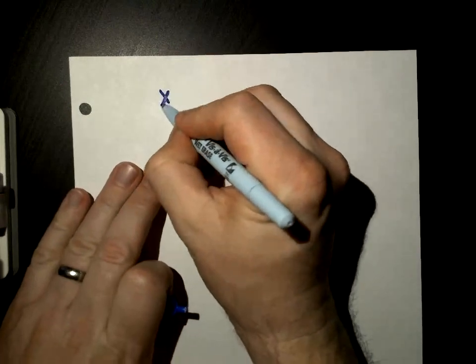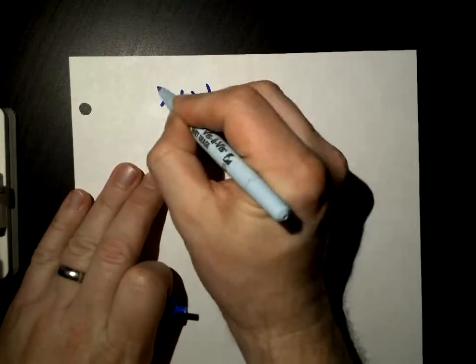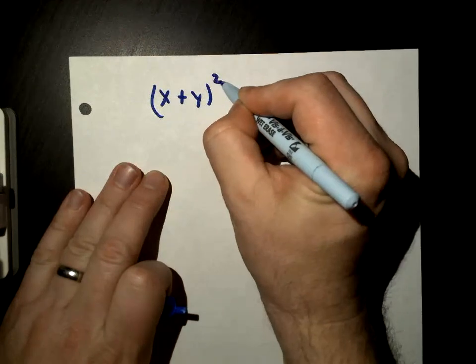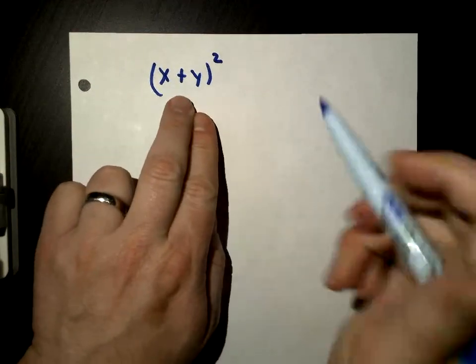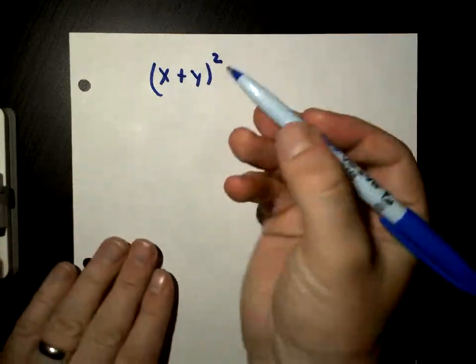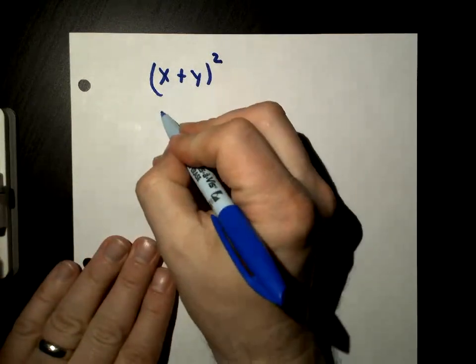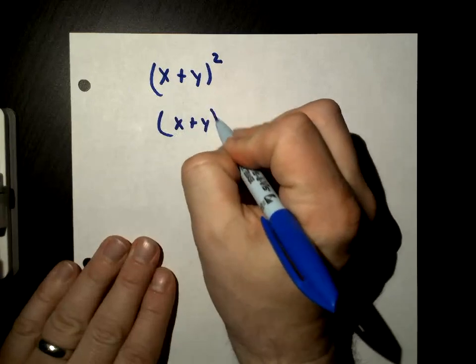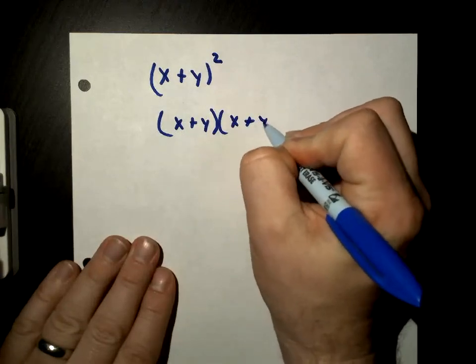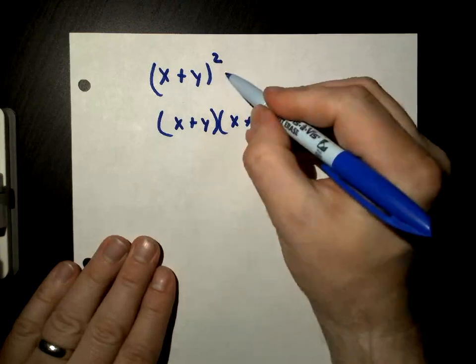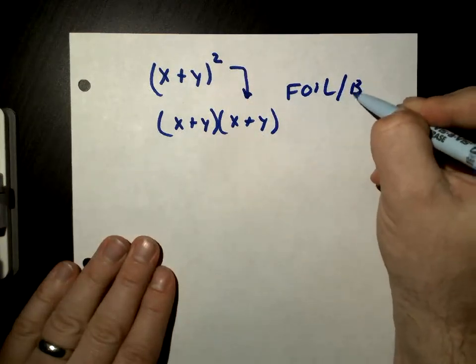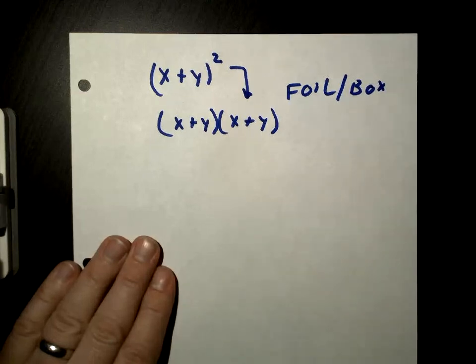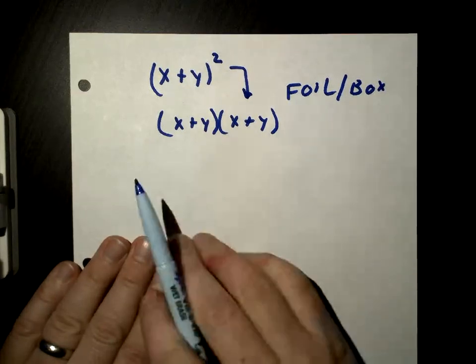So remember that you have this binomial expansion. For example, let's start with something to the second power. If we want to expand this, the old-fashioned way is to write it twice and use what we call FOIL, or maybe the box method, depending on how you learned it. A lot of us use FOIL.